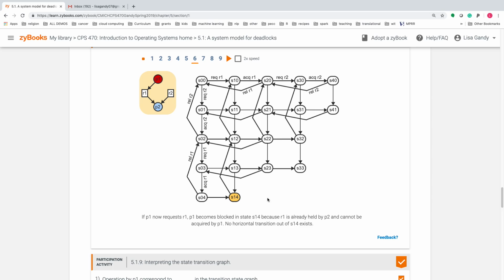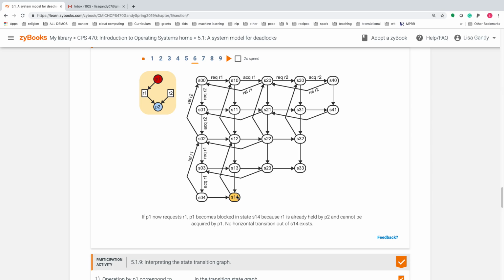Okay, that is a good point. If there's no transition out in one direction, you can say it's blocked. P1 is blocked, but P2 is going to release, because there's a transition out this way.